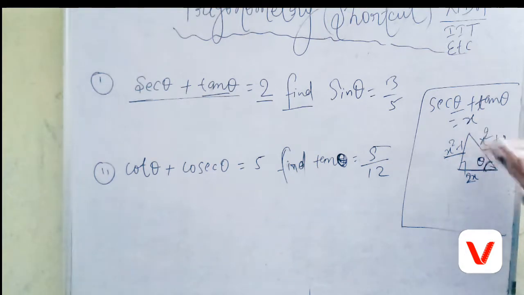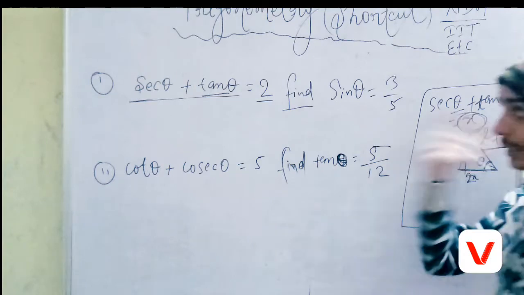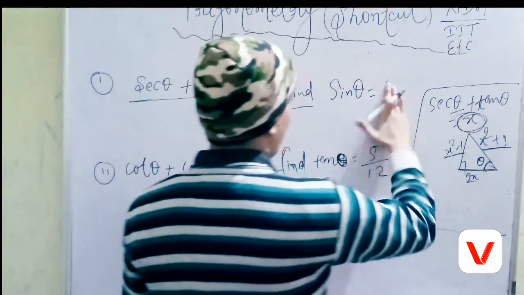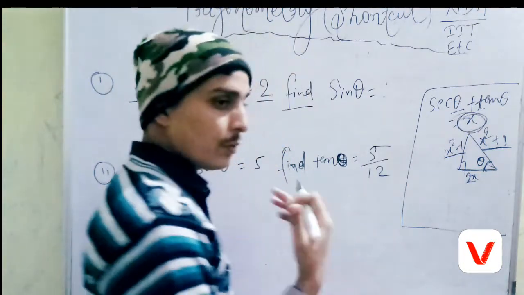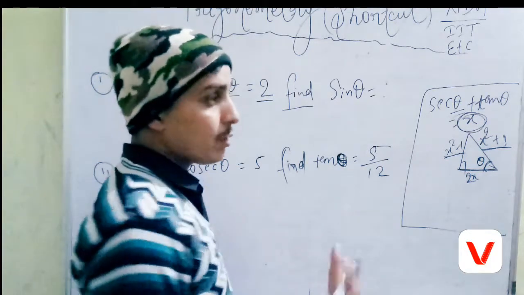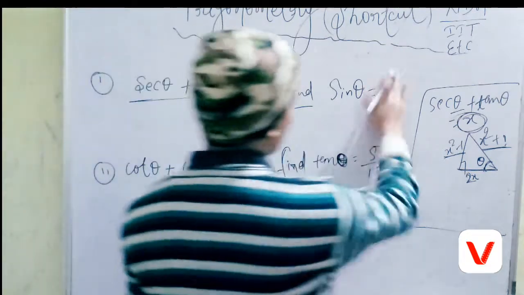And what is the x? This x, I am talking about this x. Okay, so let's have a look at how it is possible, how I can find the value. After knowing this trick you can also find the values. Okay, so let's have a look.